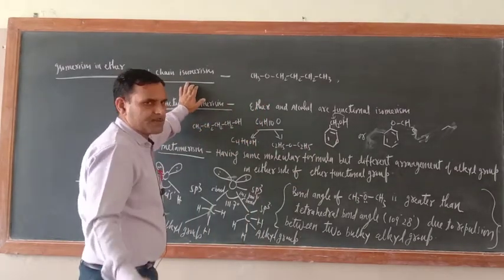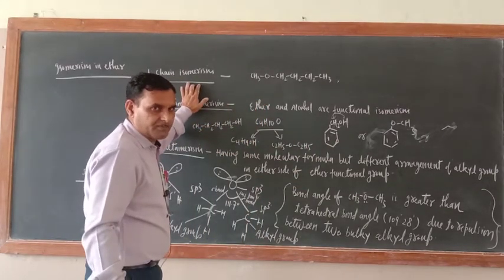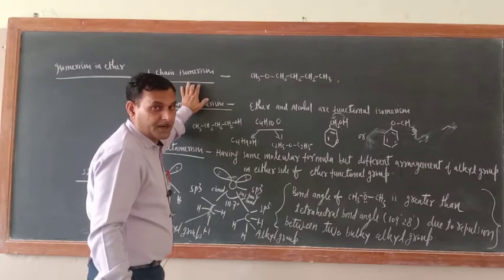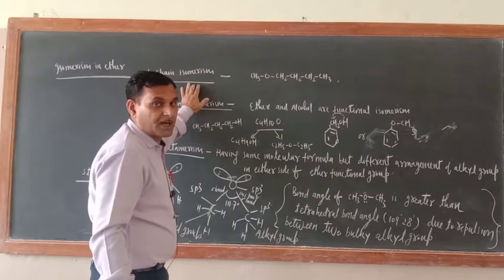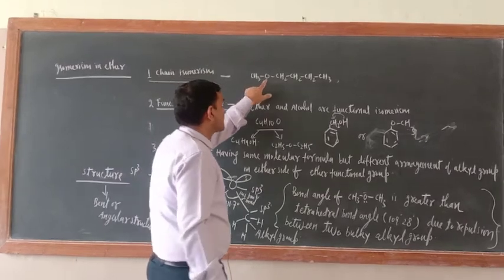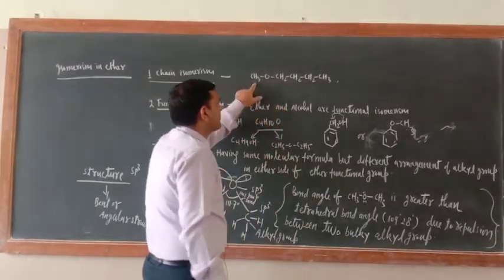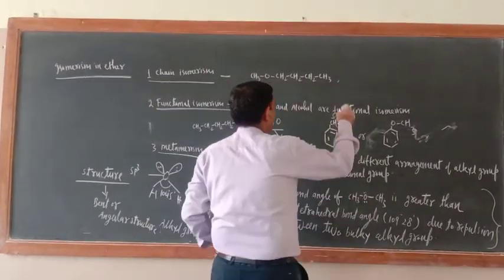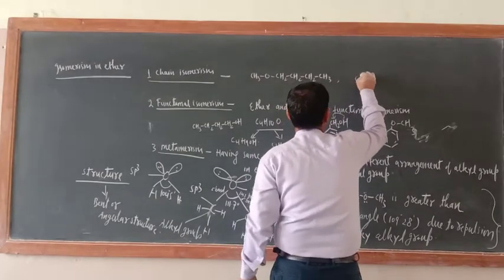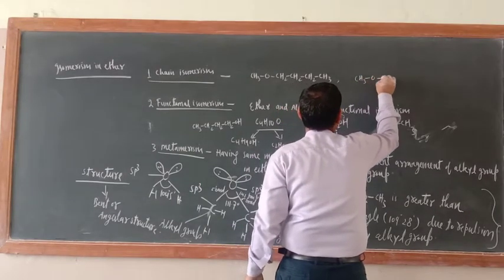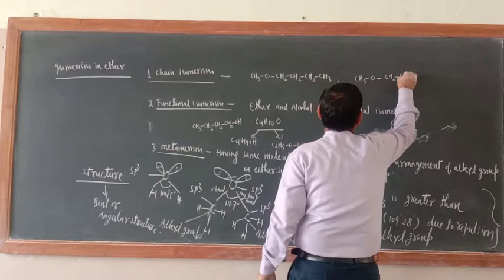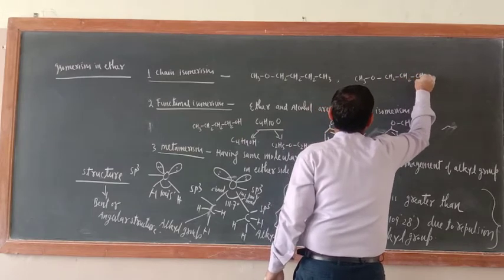Chain isomerism means having the same molecular formula but different arrangement of carbon. Just see, this is the compound 1-methoxybutane. We can write this one like that also. CH3O, now here CH2, CH3.